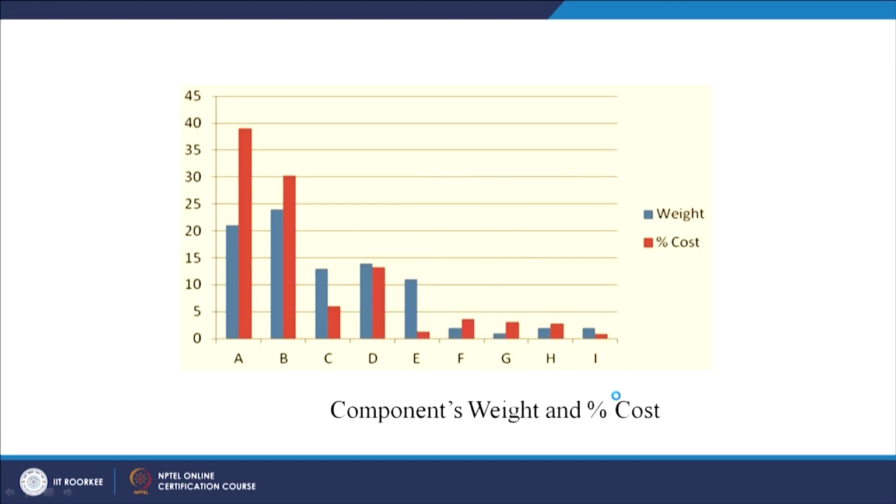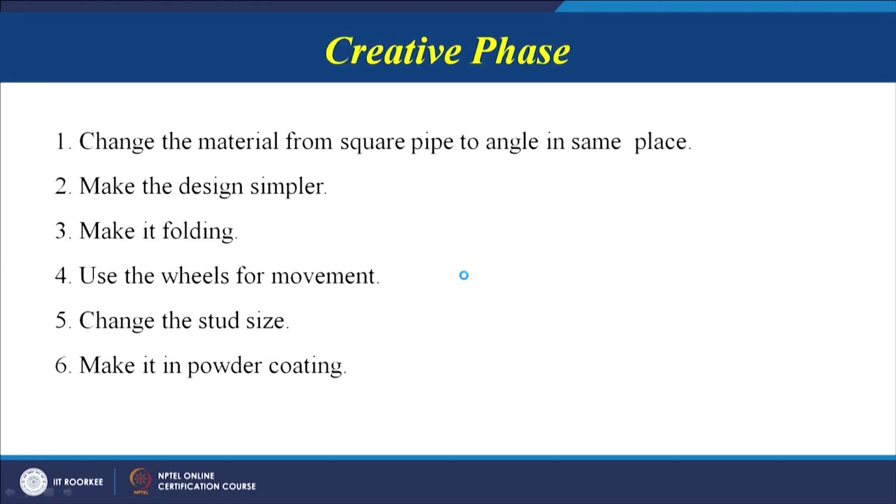So you can see now the keyboard strip, number I, is showing the minimum cost. Similarly, the weight of each and every part is also listed here.